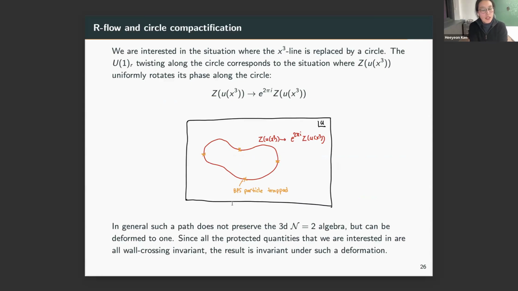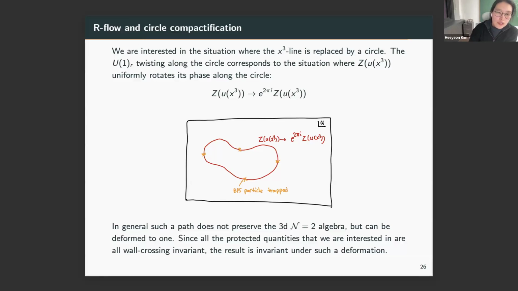And the situation that we are interested in is slightly different. We want to replace the x3 line by a circle so that we can compactify on the circle.